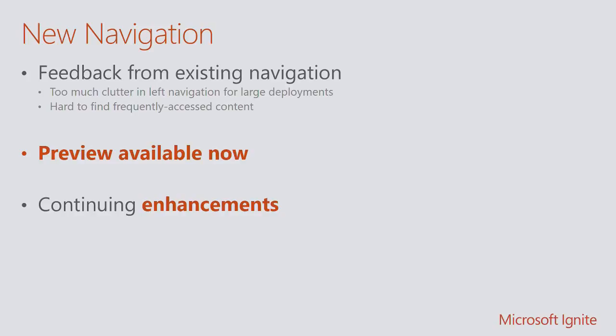The feedback was that in the current service experience, you have a left navigation bar, which can get very cluttered, especially in organizations that have deployed Power BI widely. For example, shared content just gets slotted into the list of content in the left nav. So if you have a lot of things shared with you, it can be very hard to find the content you want, because you're buried in all the clutter.